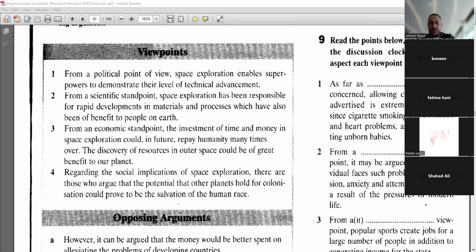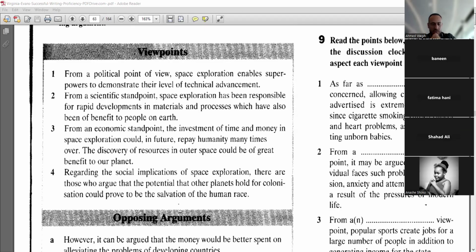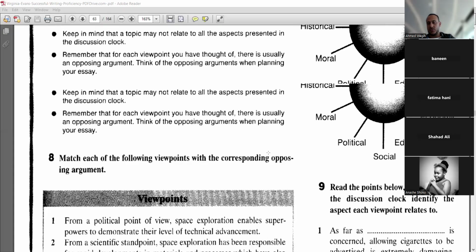Okay, number four. Fourth example: regarding the social implications of space exploration, there are those who argue that the potential the other planets hold for colonization could prove to be the salvation of the human race. Anyways, so these are some examples on how to use the discussion clock.